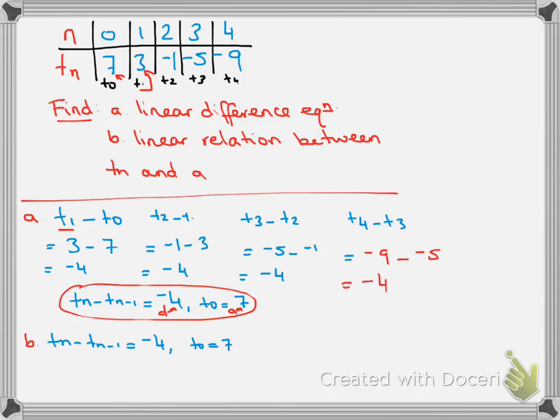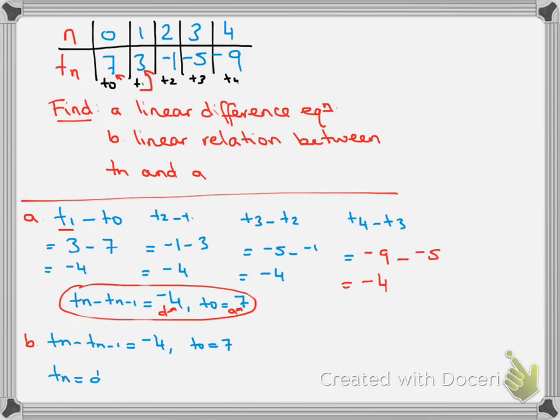So the first thing that we need to do is write down the linear difference equation that we worked out in part A. Now, to get the linear relation between Tn and n, what we need to do is write down the general form of the linear relation, which looks something like this, and we looked at it just before.